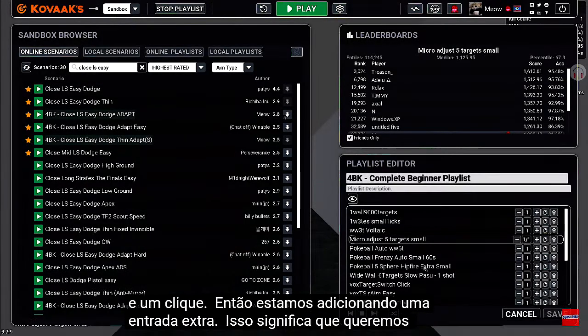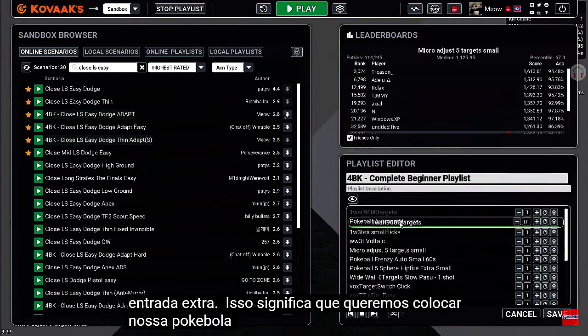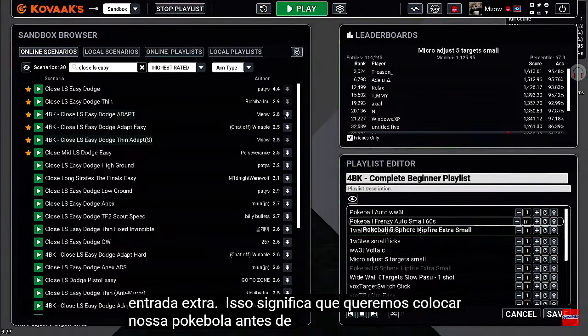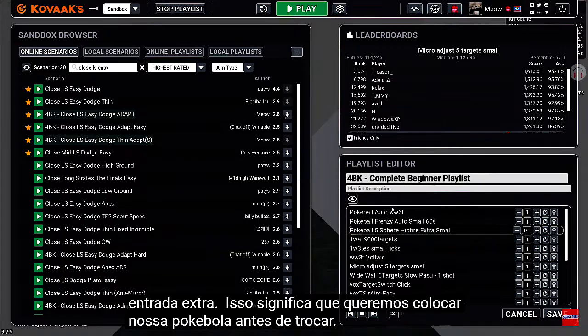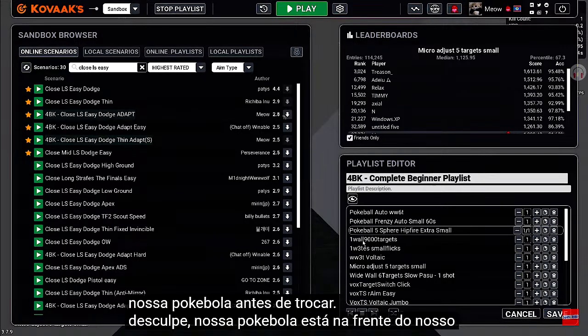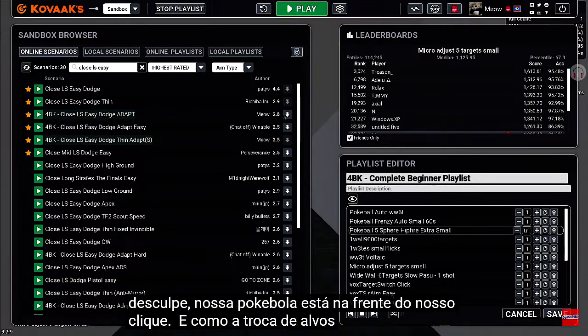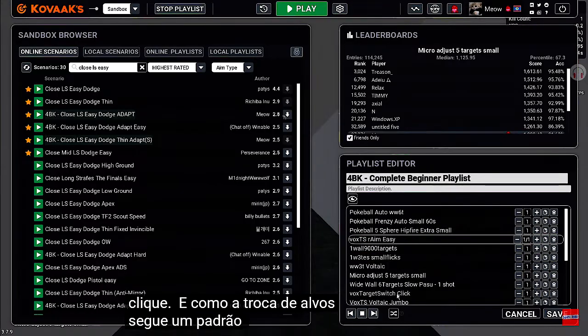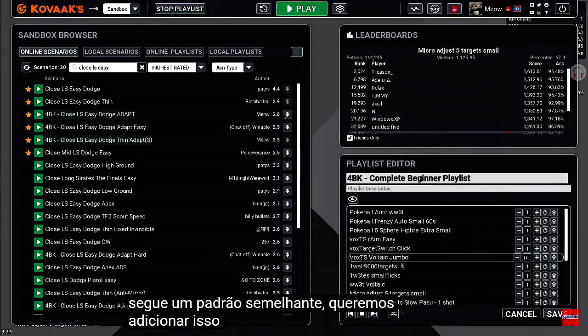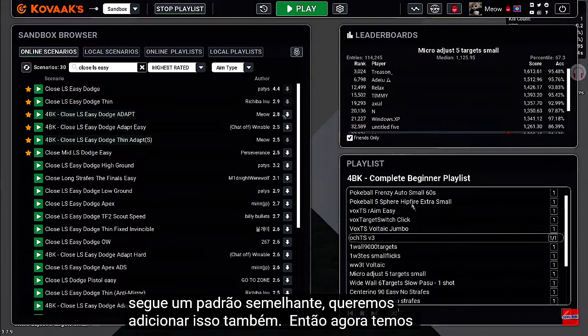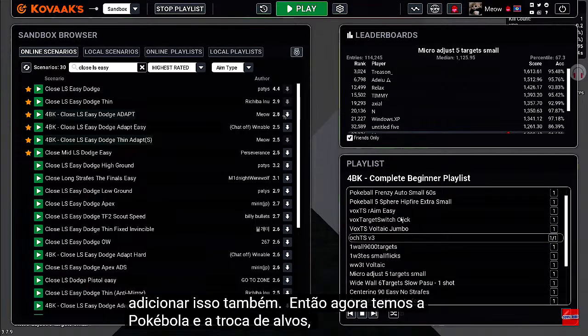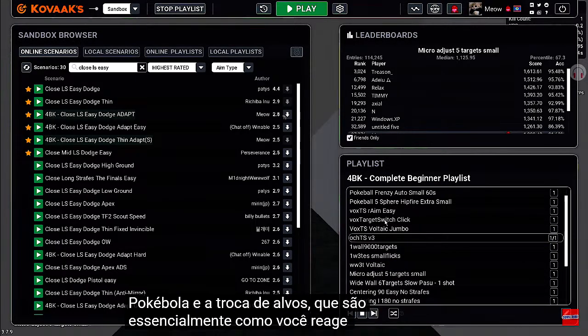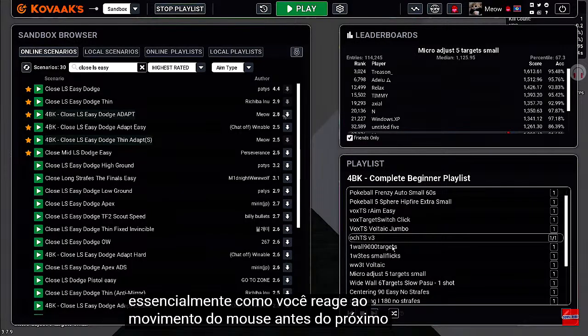That means that we want to put our poke ball ahead of our clicking. And since target switching sort of follows a similar suit, we want to add that as well. So now we have poke ball and target switching, which are essentially how you react with your mouse movement, ahead of the next step, which is clicking.